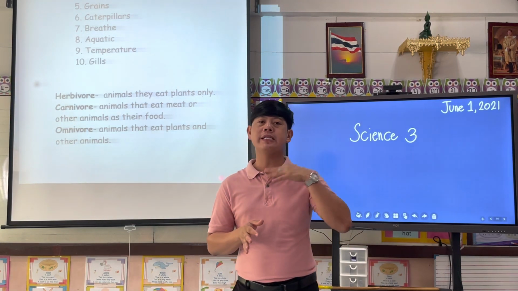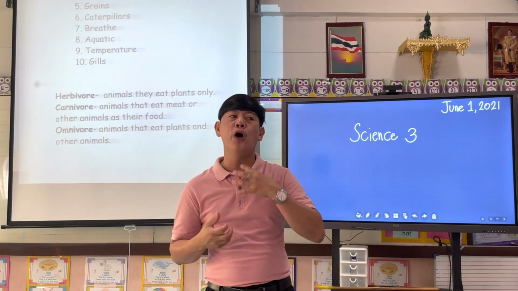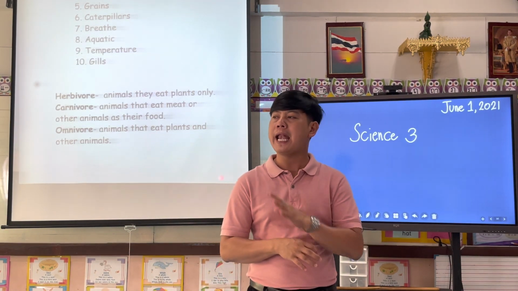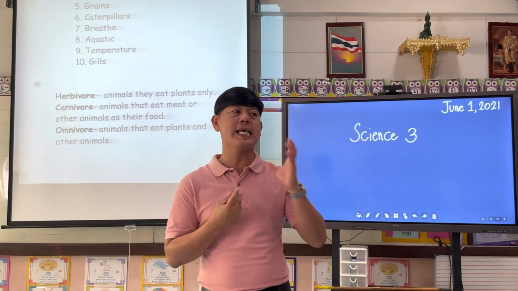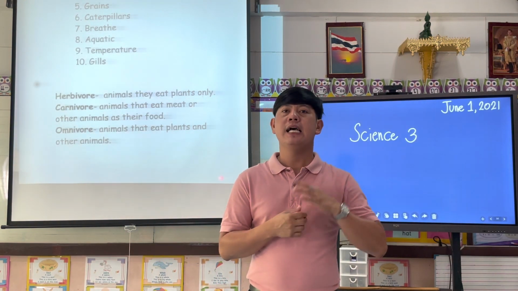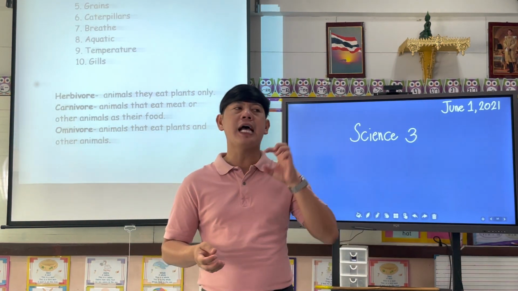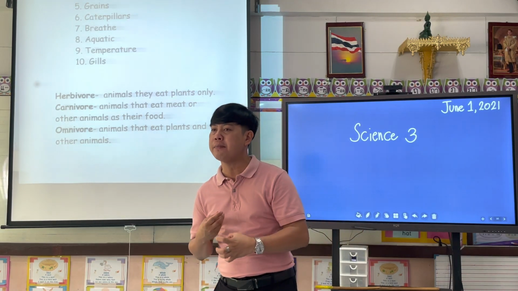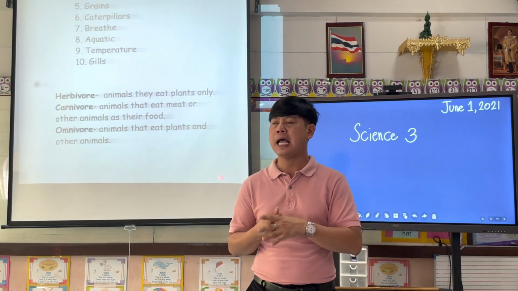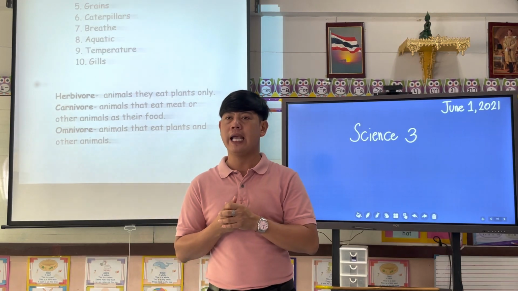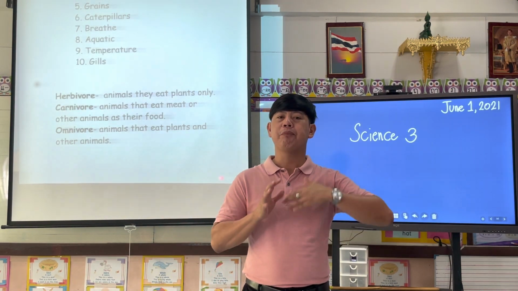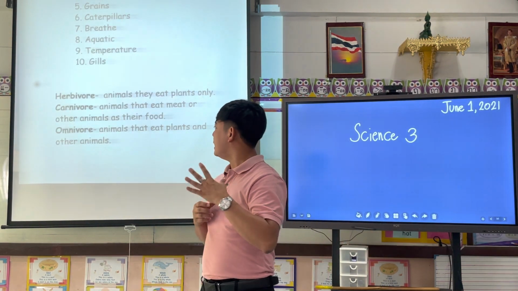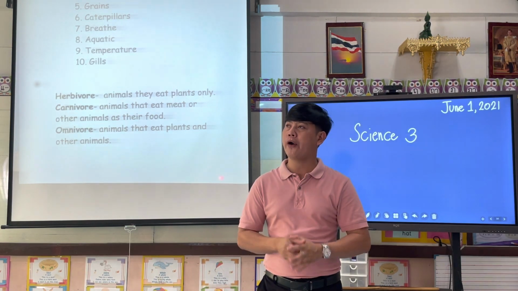For example, a snake likes to eat small animals like rats, mice, and frogs. This snake we call a carnivore.